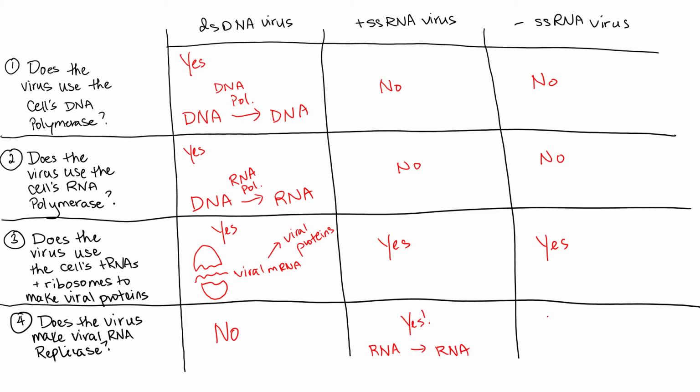And the antisense RNA virus also copies RNA into RNA to make more copies of its genome, so yes. The difference is that with the antisense RNA, it comes packaged with RNA replicase.